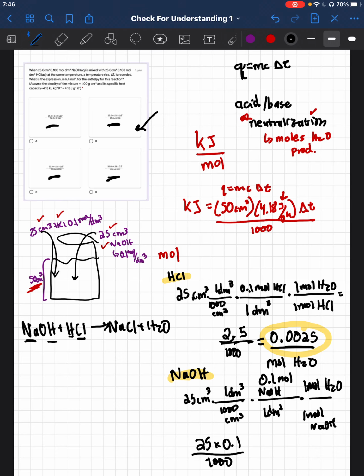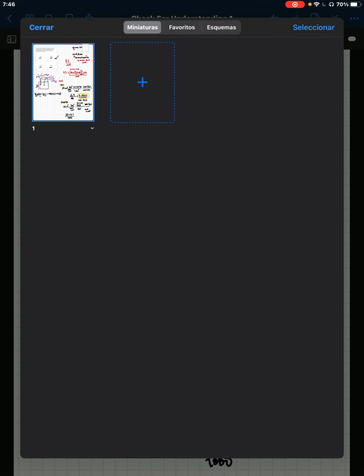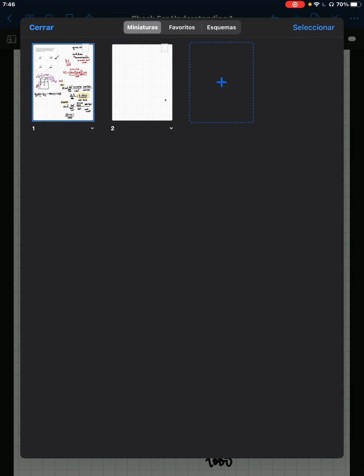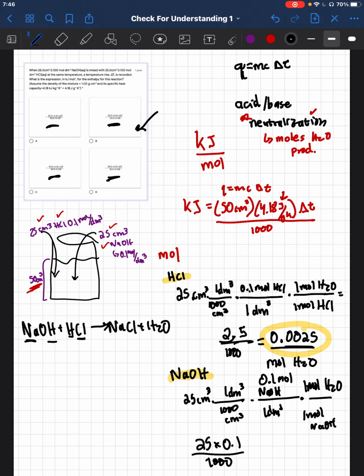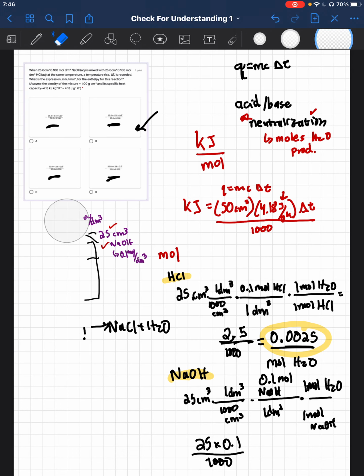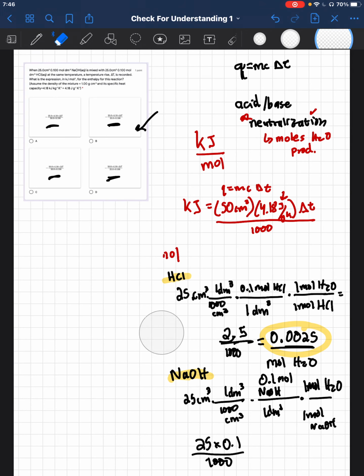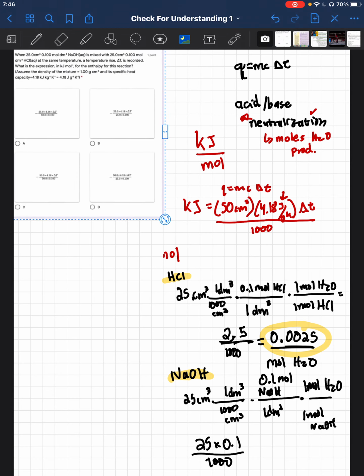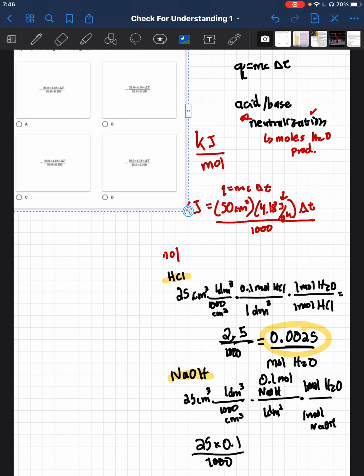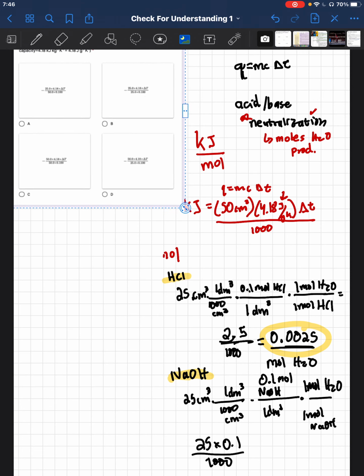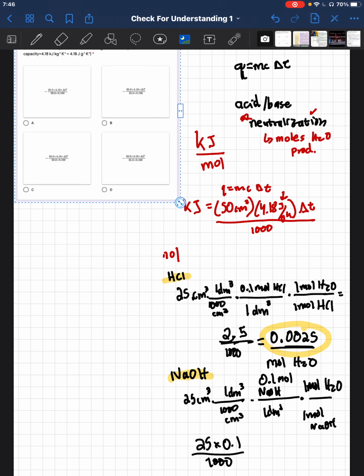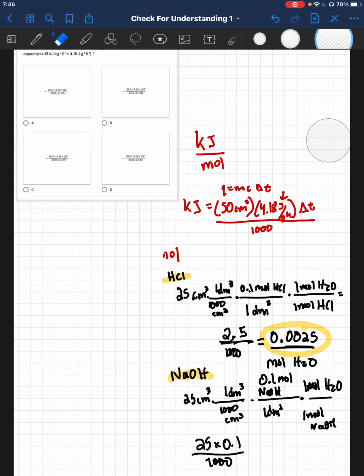All right, so the only kind of trick left to doing this is to figure out what's going on with these answers. How can we match these answers up with what we came up with? That's kind of the IB trick part to this problem. So let's take a close look at these answers.